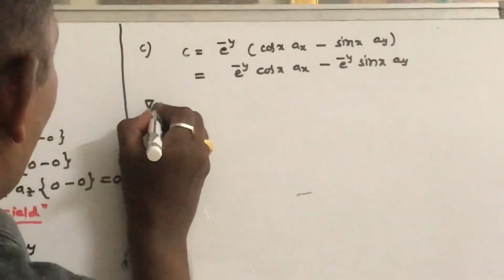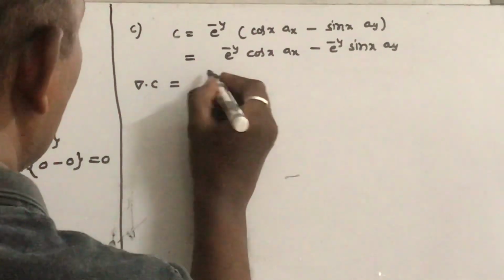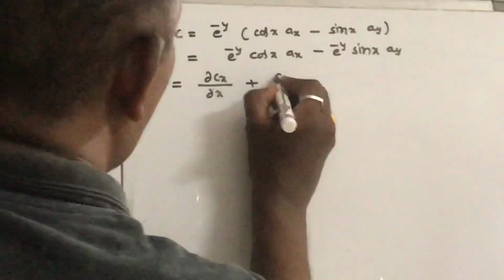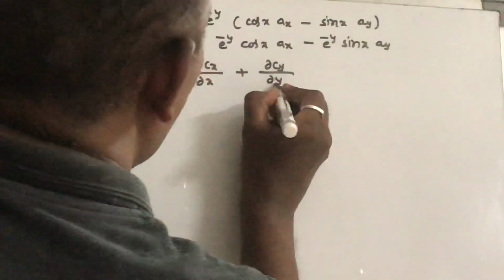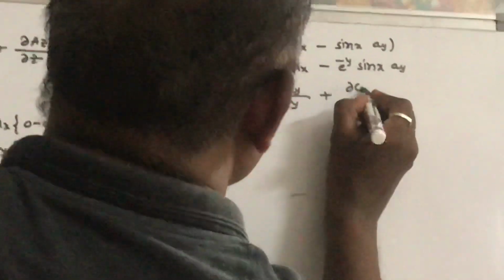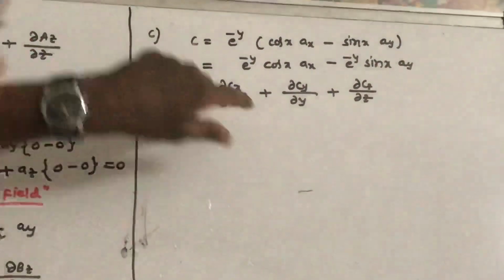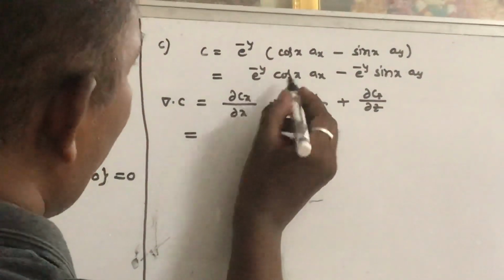Let us find out the divergence, del dot C. So del dot C is dou Cx by dou x plus dou Cy by dou y plus dou Cz by dou z. Therefore dou by dou x of e power minus y cos x.